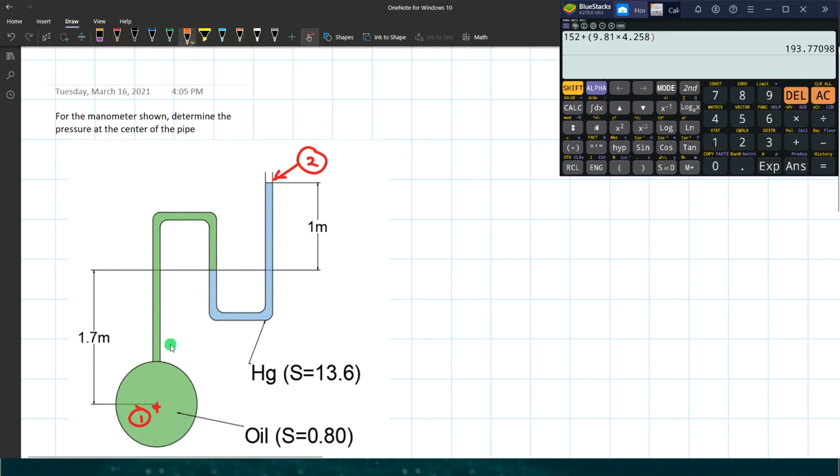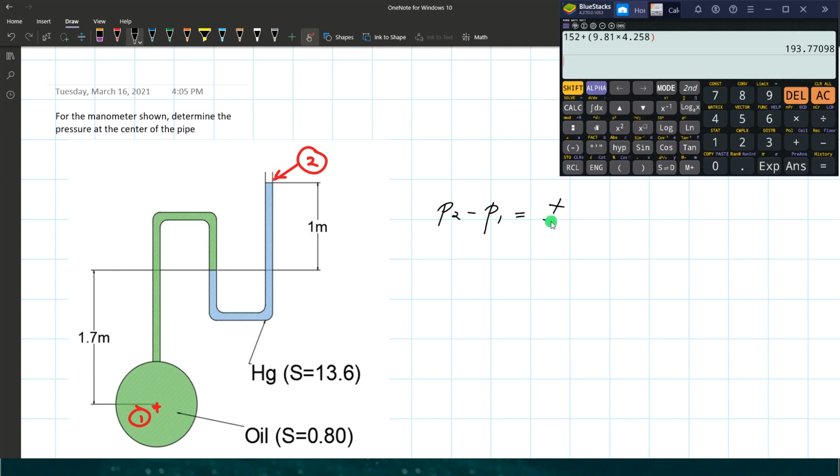So the direction is from point 1 going to point 2. So we have two liquids here. General solution, we have pressure difference P2 minus P1 equals the sum of the products of the unit weight and its height, or its difference in elevation of that particular liquid.